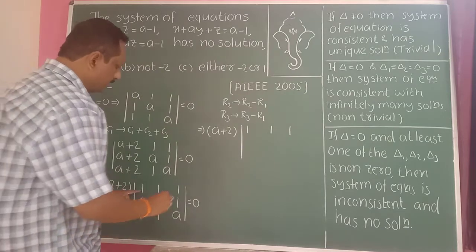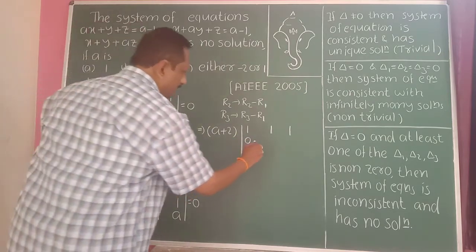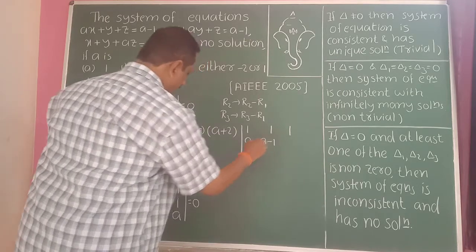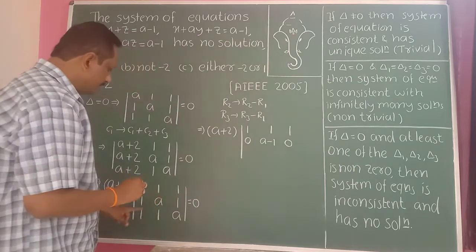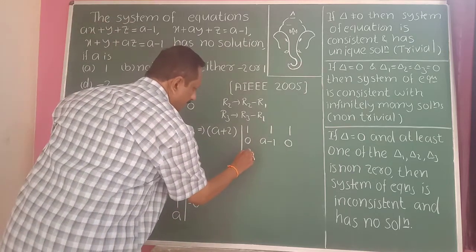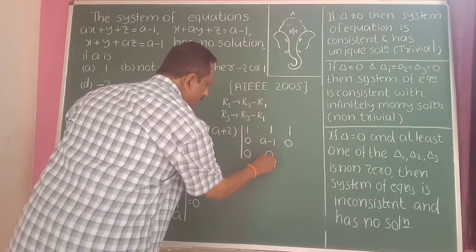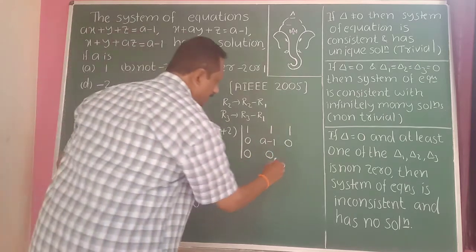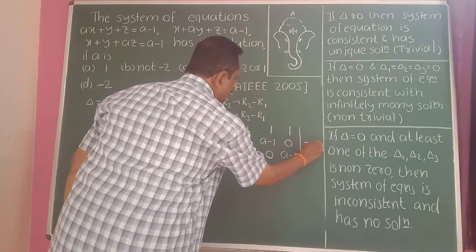Then 1 minus 1 becomes 0, then A minus 1, and 1 minus 1 becomes 0, 1 minus 1 is 0, 1 minus 1 becomes 0, and A minus 1.